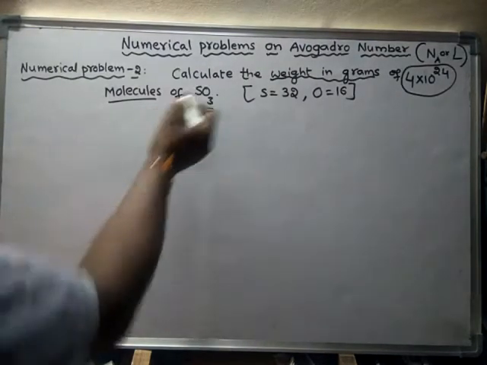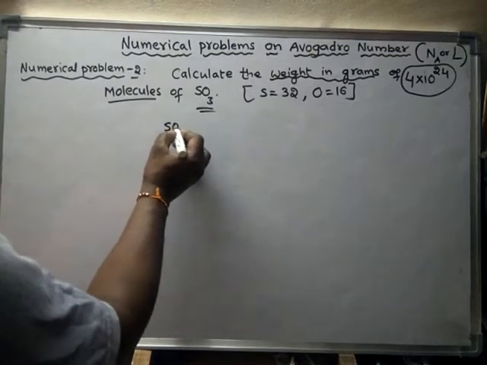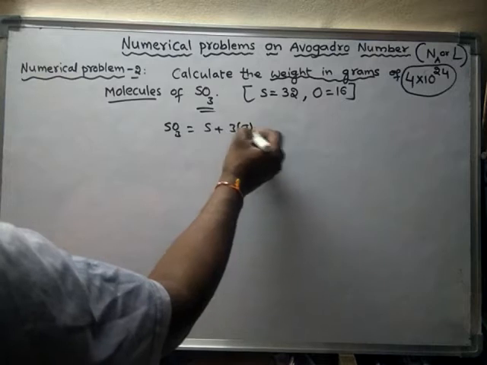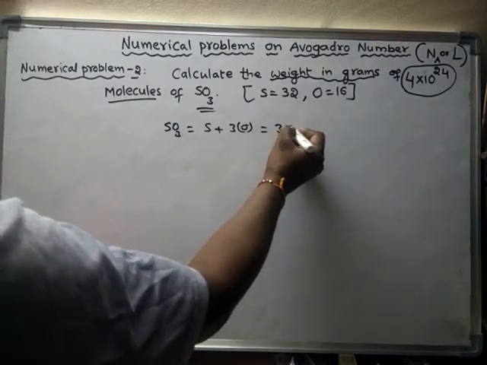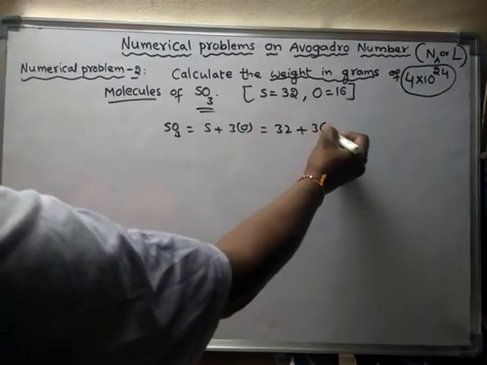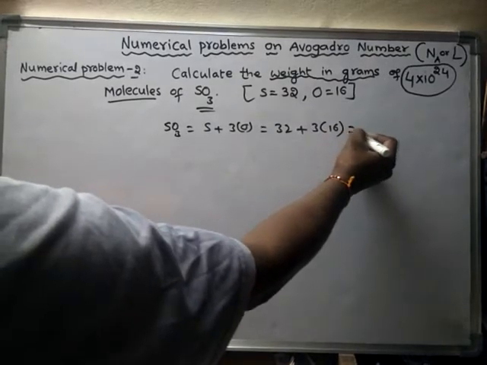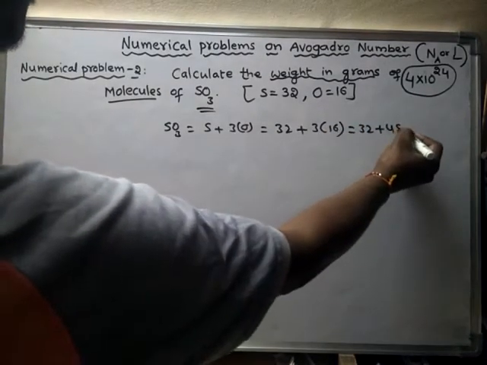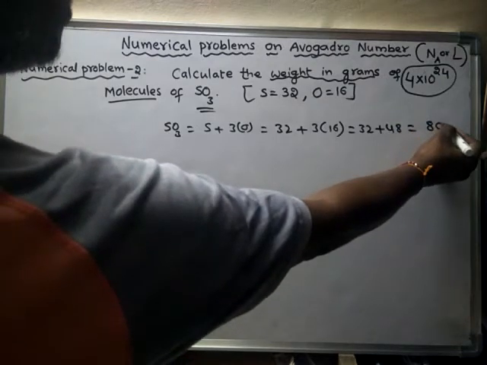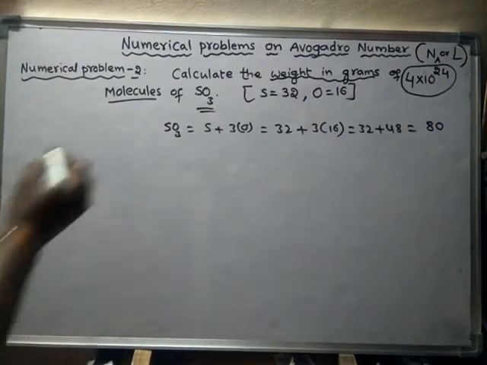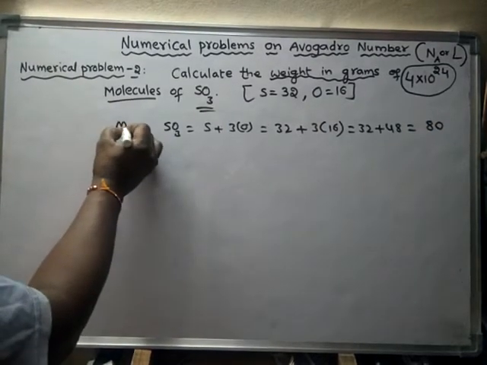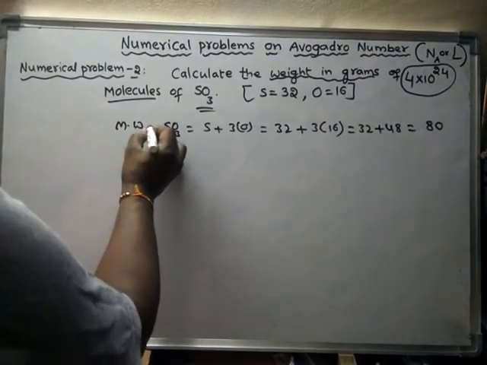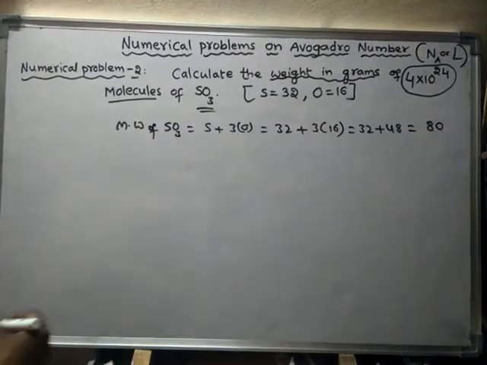When SO3 is given, one sulfur and 3 oxygen atoms are there. So one sulfur atom is 32 and 3 oxygen atoms each 16. So here 32 plus 48 is equal to 80. So the molecular weight of SO3 is 80.